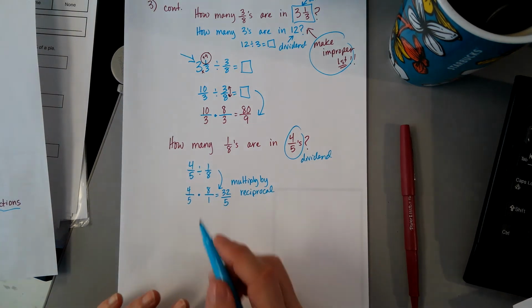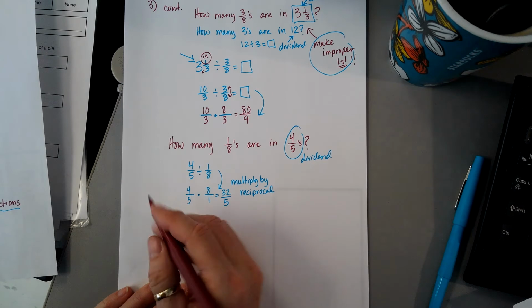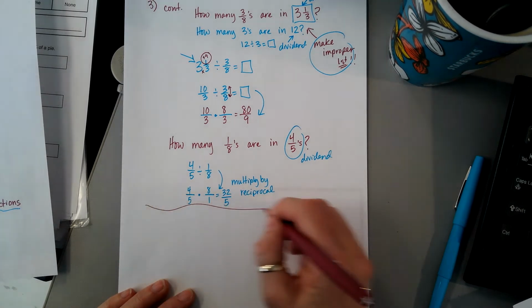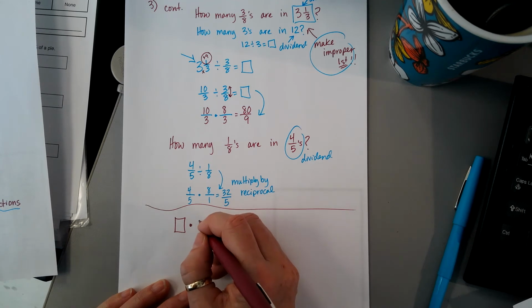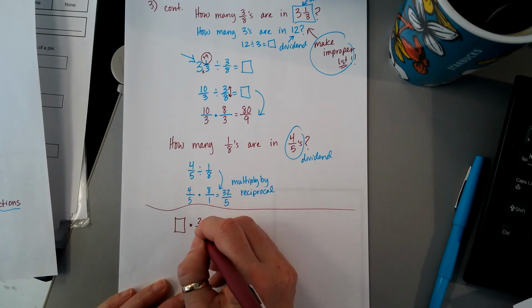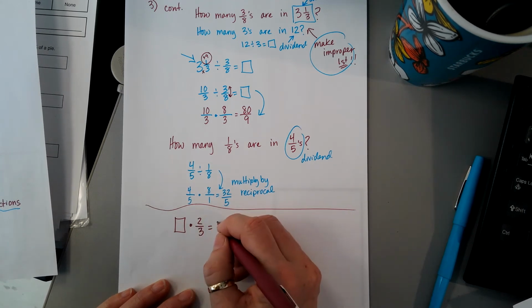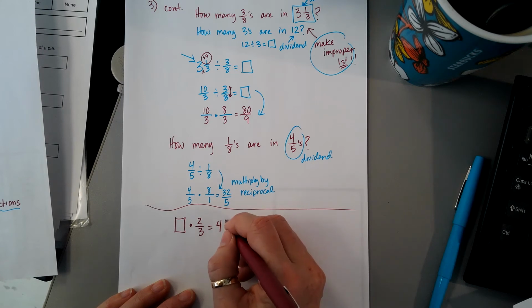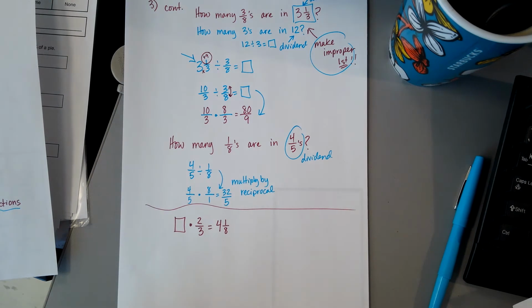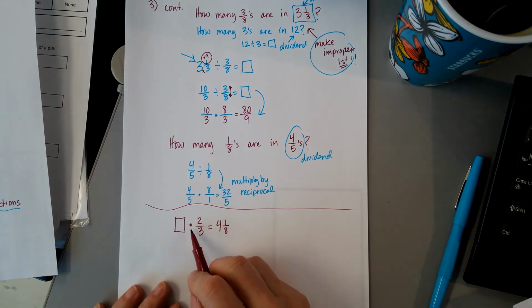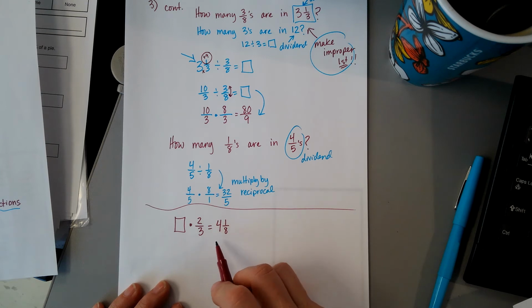Some of the problems, they give it to you as multiply. I can't really think of a good example, but we'll just run with it. If this is your math problem, blank times 2/3 equals 4 1/8. First, we have to change it to division, because to solve a missing number multiply problem, we have to use our fact family and change it to division.